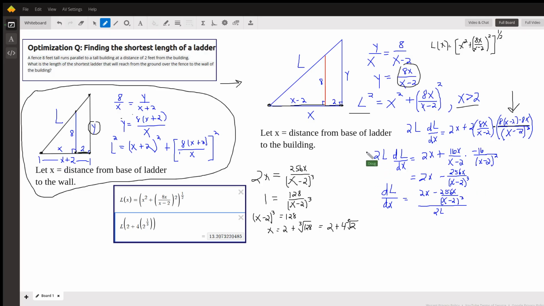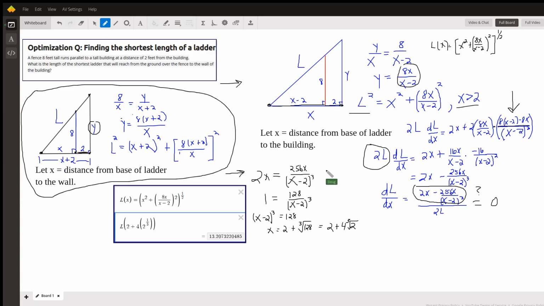If we divide that by 2L, we've got a formula for the derivative of L with respect to x. Then we want to know, when does that equal 0? And the truth is, it only equals 0 when the numerator equals 0. So that's the equation you want to solve. Here it is. When does that equal 0?